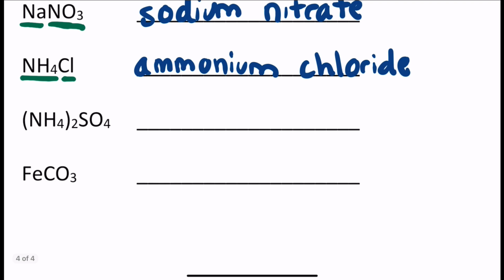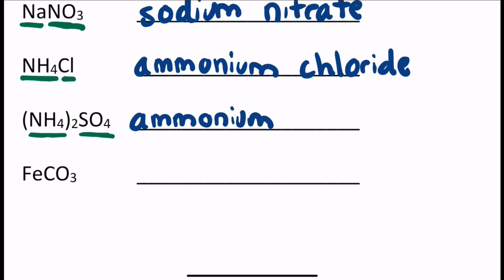In this next part, you will see that it looks like there's a lot of things going on here. We have 4 different elements here. However, the parentheses do make things easy for us because now we know that this is one part, and the second part must be everything else. So NH4 is one part of our name, and the other part is SO4. We saw in the last question, NH4 is ammonium, so that's the first part of our name.